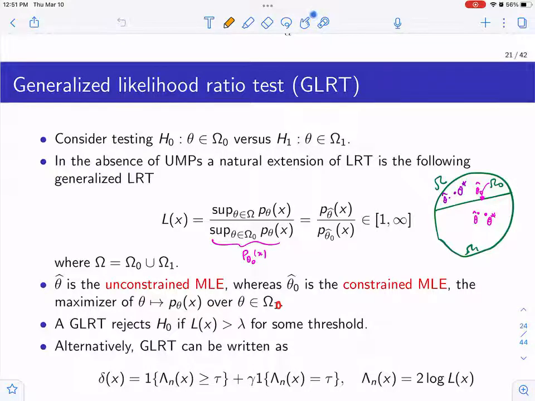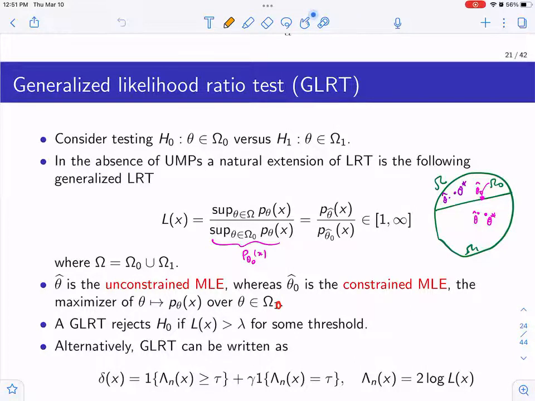There are a couple of theoretical questions about whether this is a good test, and the practical question is how to actually set the threshold so that you have a type 1 error, or level, alpha. In general, you could form a test like this, where instead we look at 2 log L. The point is that for this quantity 2 log L, we can derive an asymptotic distribution.